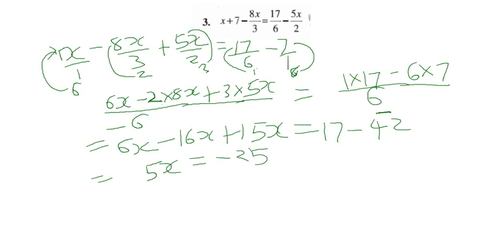So now this 5 moves to the other side, then x becomes minus 25 divided by 5. Again, if you simplify, minus 25 divided by 5 becomes minus 5. So this is the answer: x is equal to minus 5.